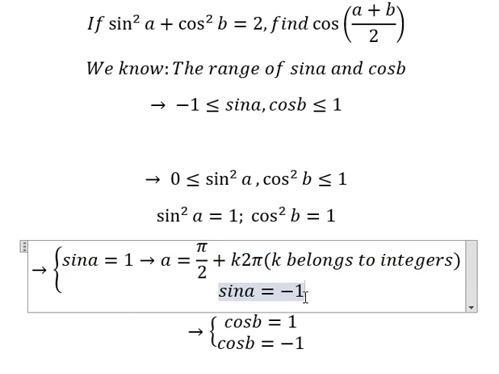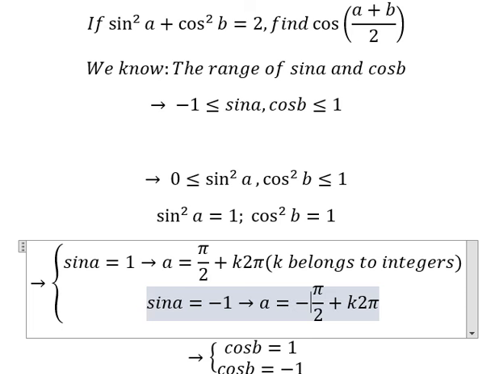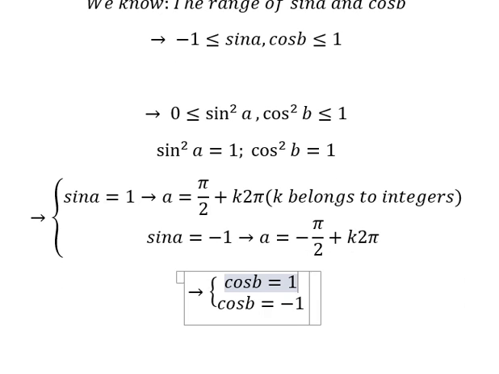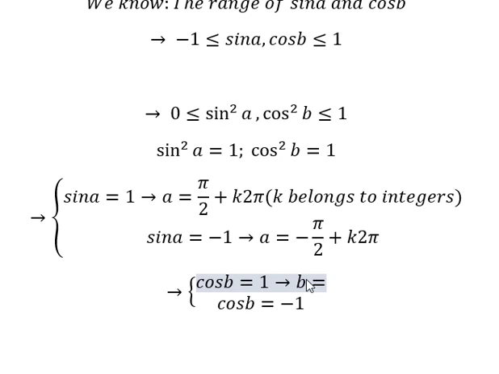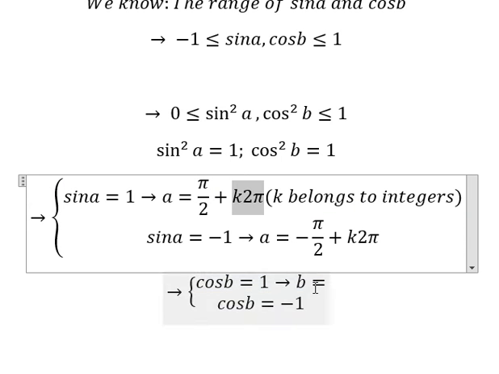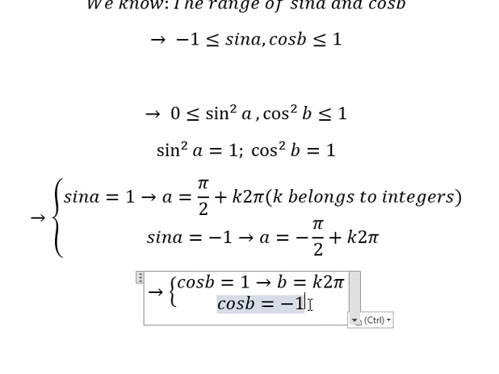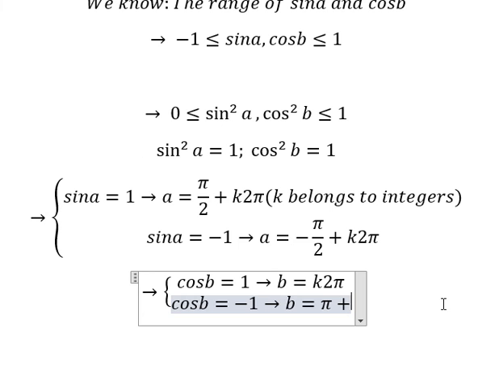The next one, a equals negative pi over 2 plus k times 2 pi. For cosine b equals 1, b should be equal to 0 plus k times 2 pi. Similar for the last one, negative 1, so b should be equal to pi plus k times 2 pi.